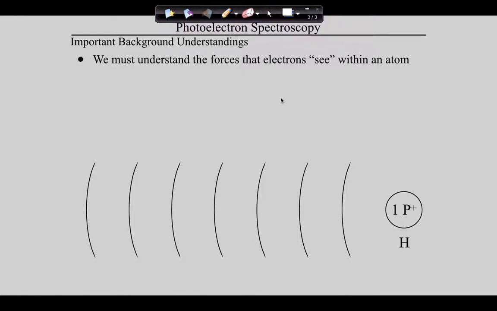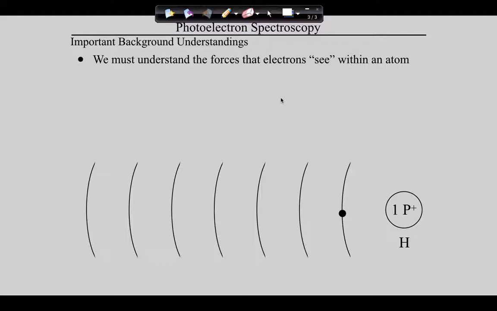First of all, let's make this a hydrogen atom. Go ahead and do that with me. If you write down the letter P, positive for proton, then you'll just be erasing the numbers as we go from hydrogen to helium to lithium. Looking at a hydrogen atom, and of course we don't need these other energy levels, they're just there for reference, what force does that electron see?